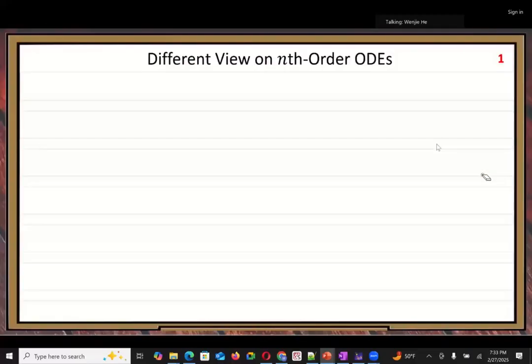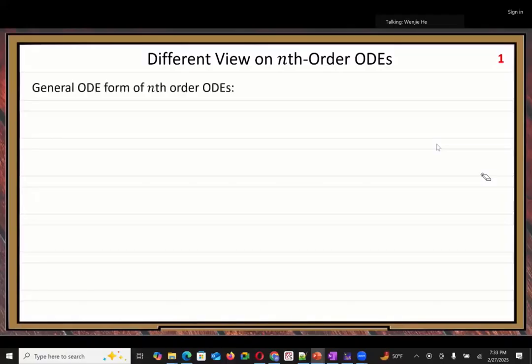Here we use a different view on nth order ODEs. So we start with a general form of nth order ODE. Then we take a different view. So why do you want to take a different view?